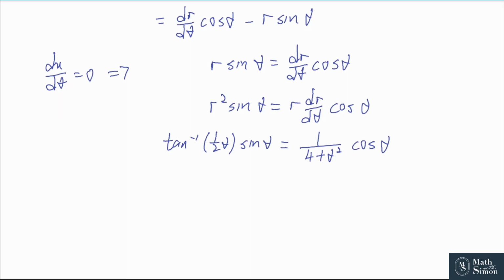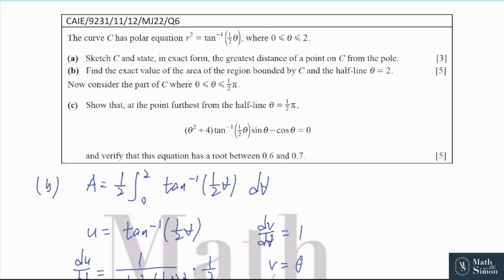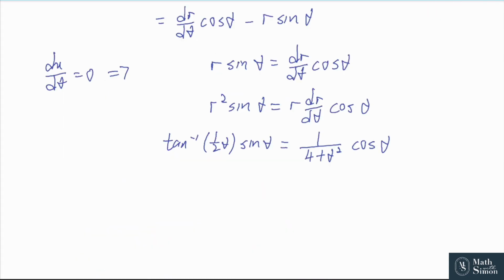This is very nice, whereby we just have to do a little bit of rearrangement. Bring the 4 plus theta squared over there to multiply, and move the cos theta over there. So everything is done in such an easy way. We don't need to struggle with how to differentiate the expression in the square root.